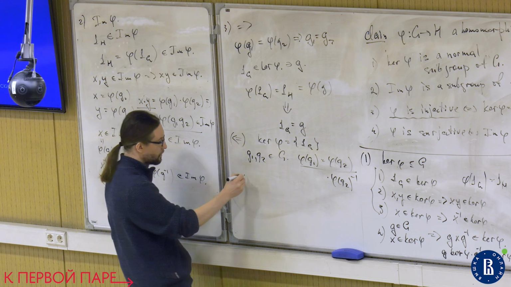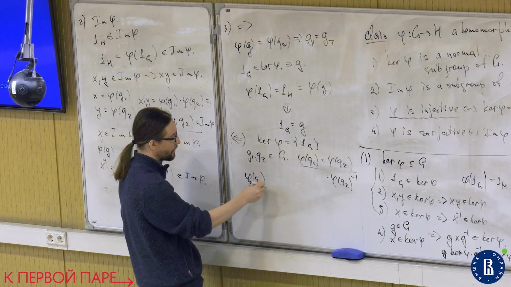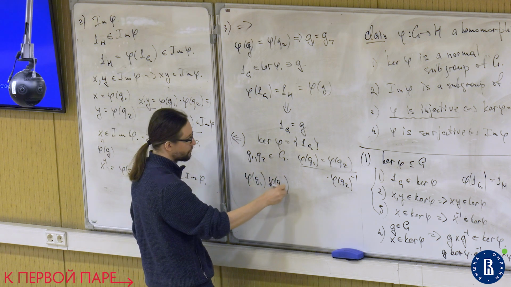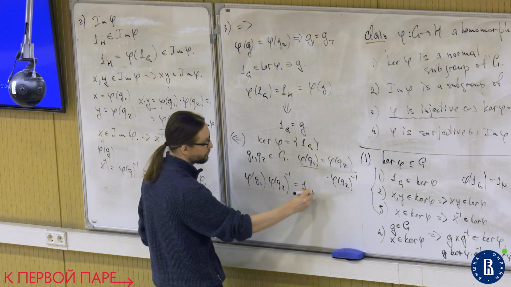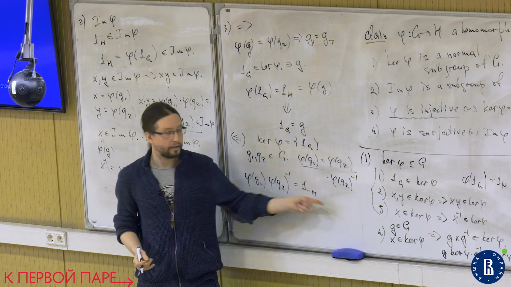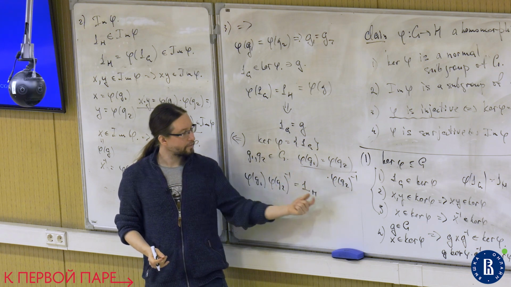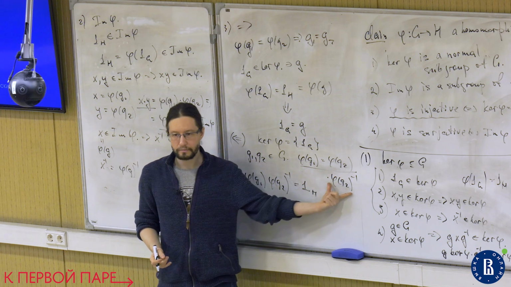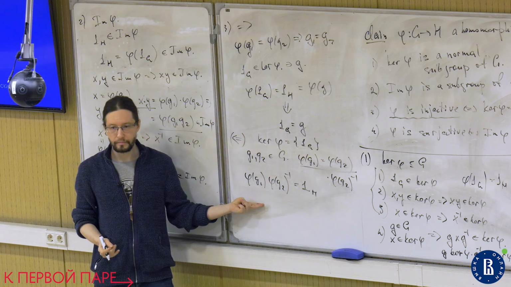If we do this, we will get phi of G1, phi of G2 inverse is equal to the neutral element of H. Because we cancel the right-hand side and we multiply the left-hand side by this element on the right. So this is exactly what we get.